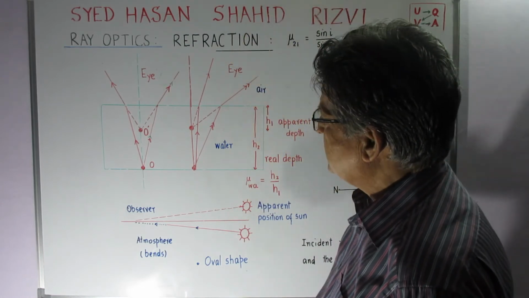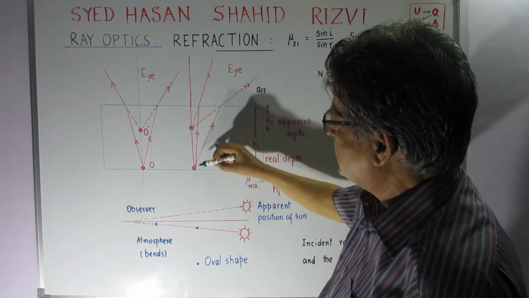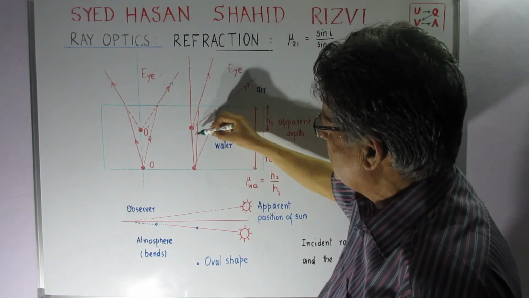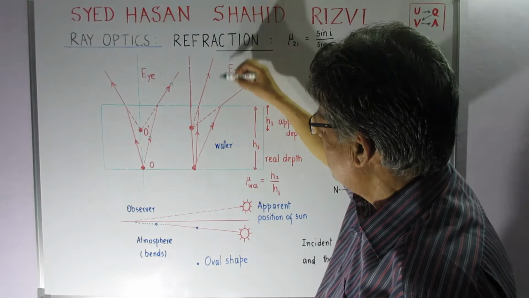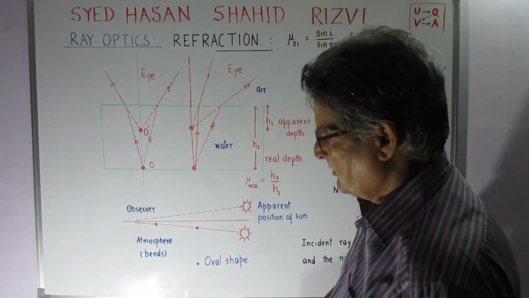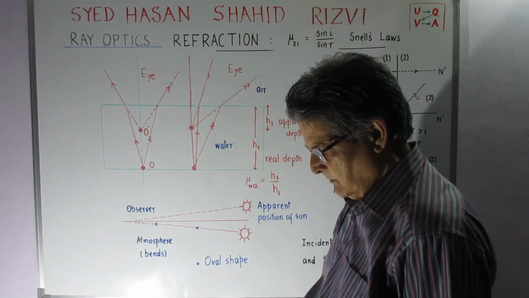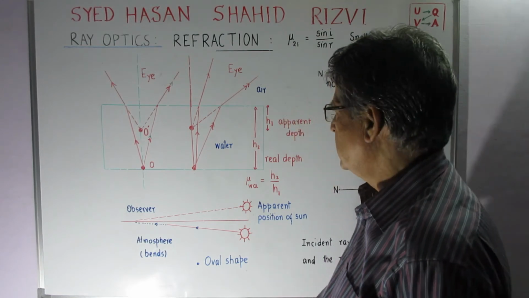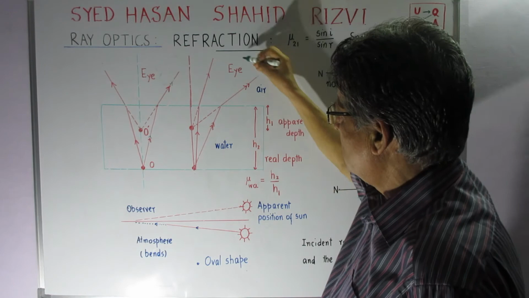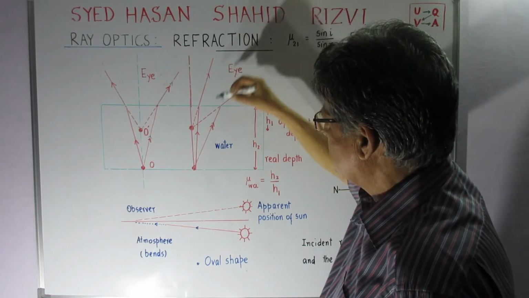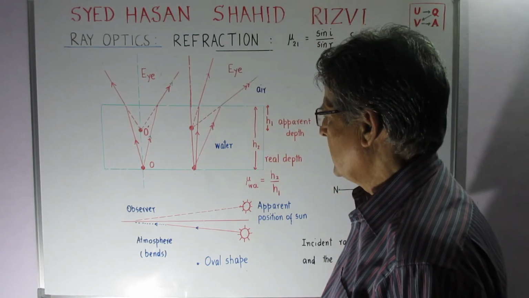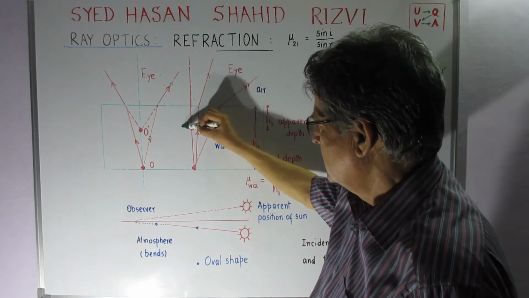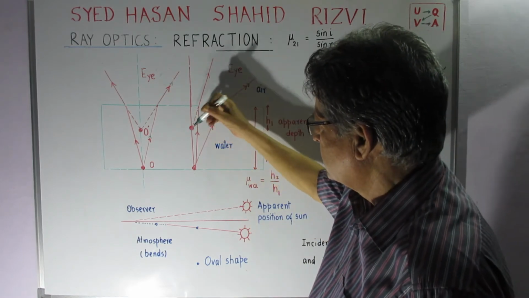Okay, when the eye is here, then we take another set of rays, this is one ray and the other ray, and both of them are moving from a denser medium to a rarer medium. They bend away from the normal and they enter the eye over here, and the eye is able to see this, located at O dash.